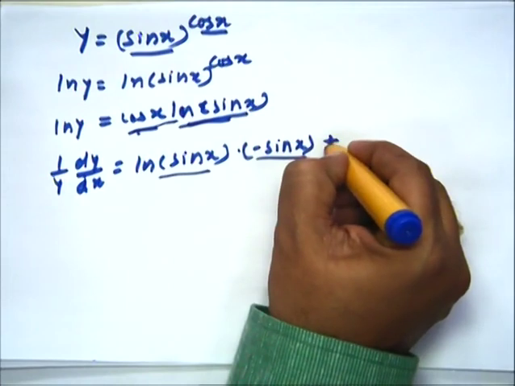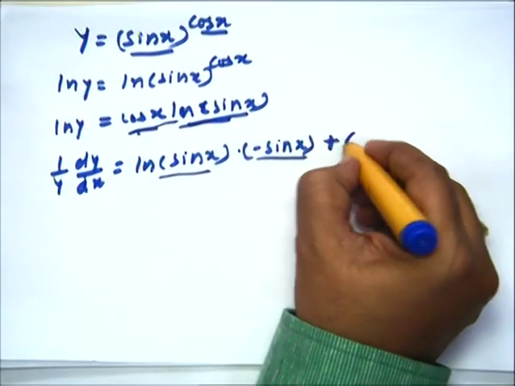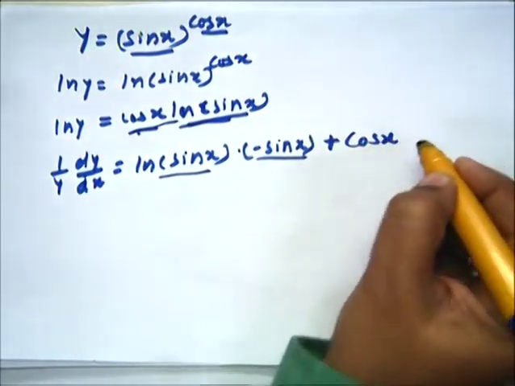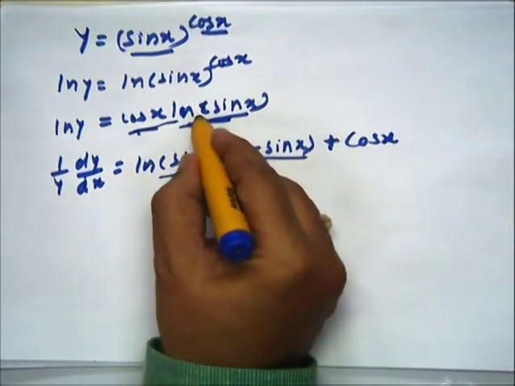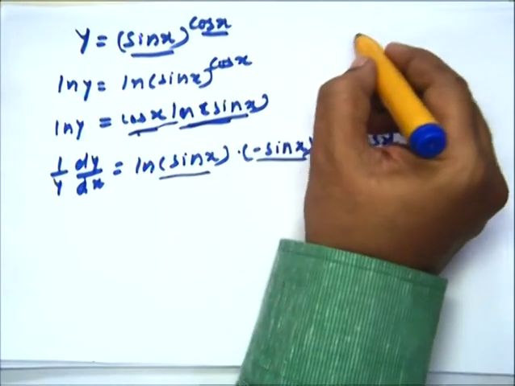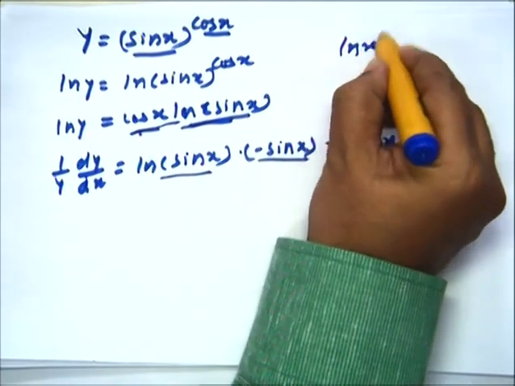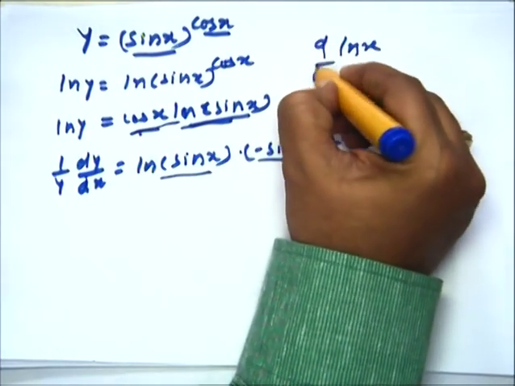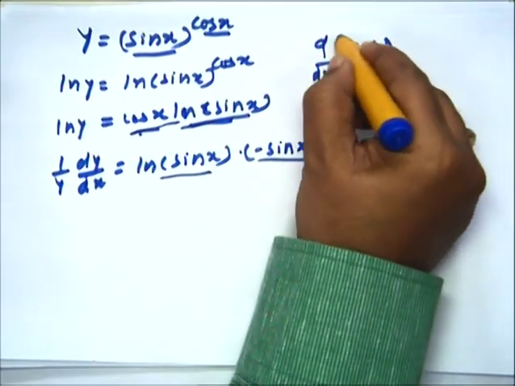Plus now cos x remains as it is, into the derivative of log sin x. It is a composition of two functions. We know that the derivative of log x is equal to 1 upon x.